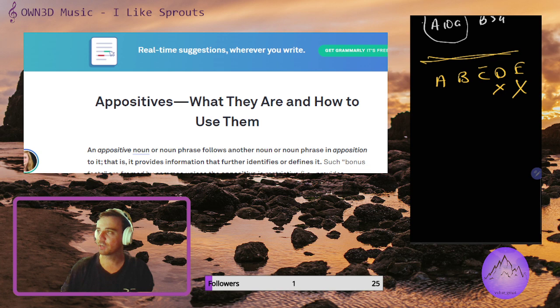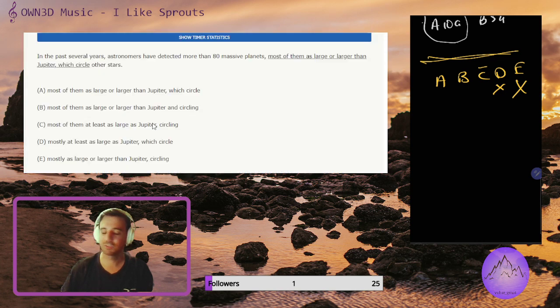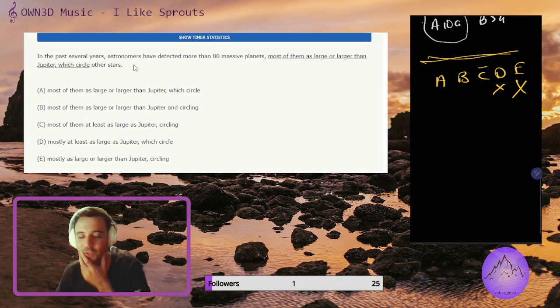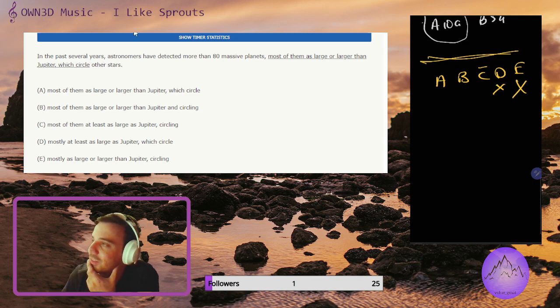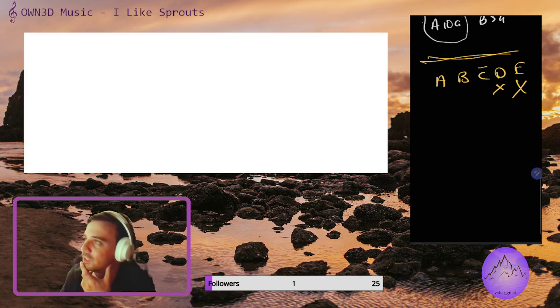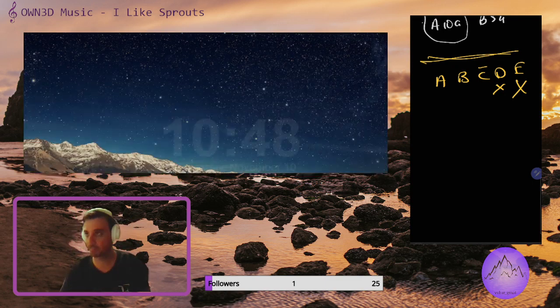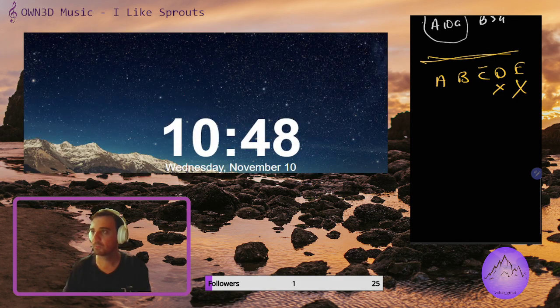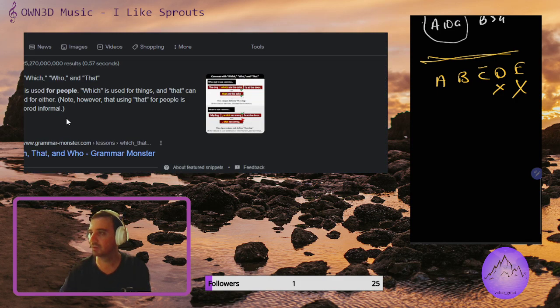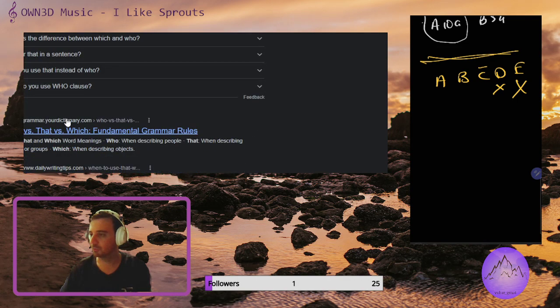No, appositives are noun phrases, so it's not an appositive. I've forgotten what the words which and who and all that are called. That's not helpful. Whatever, it doesn't actually really matter.